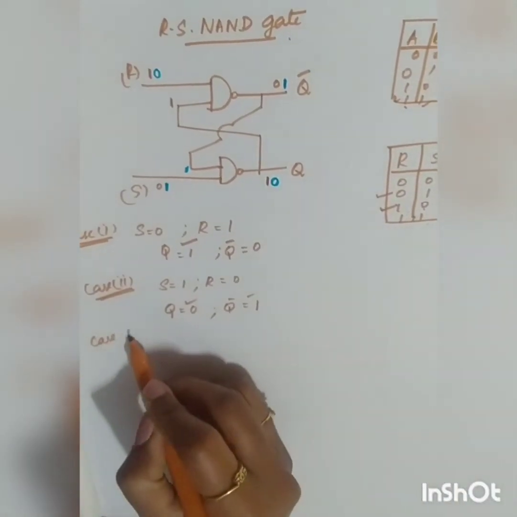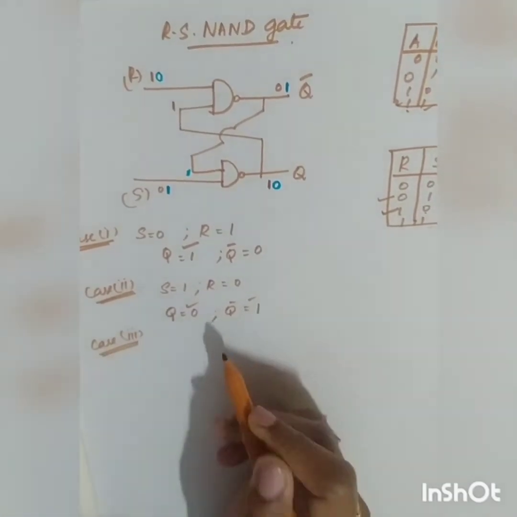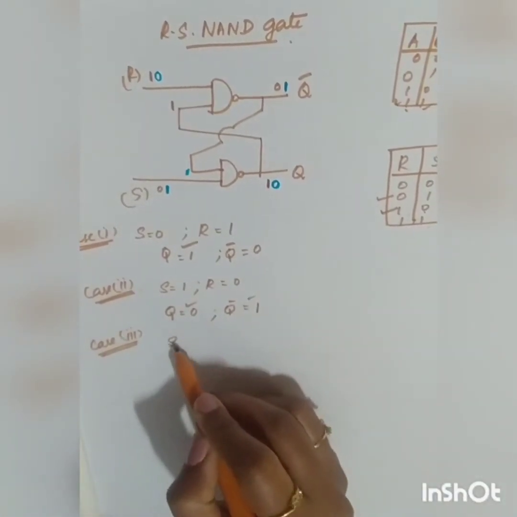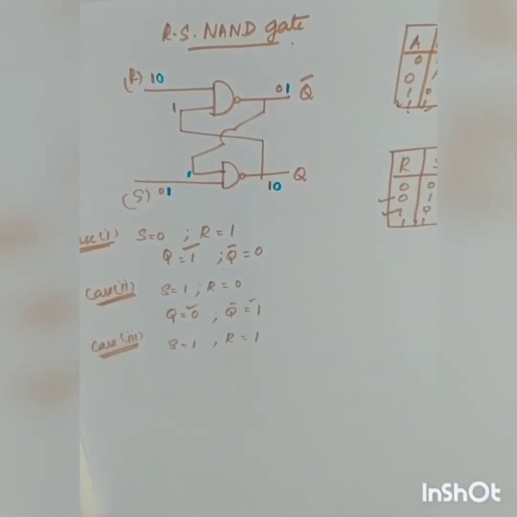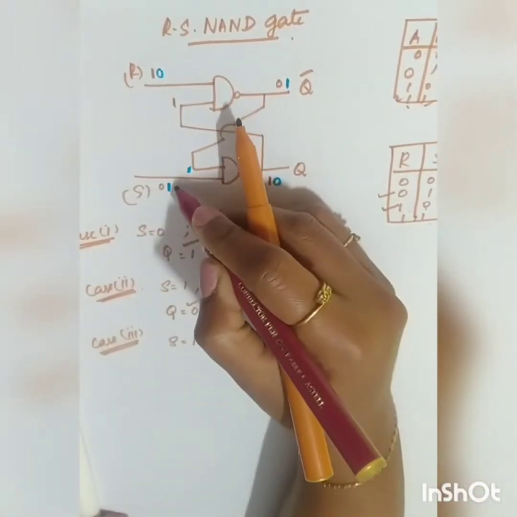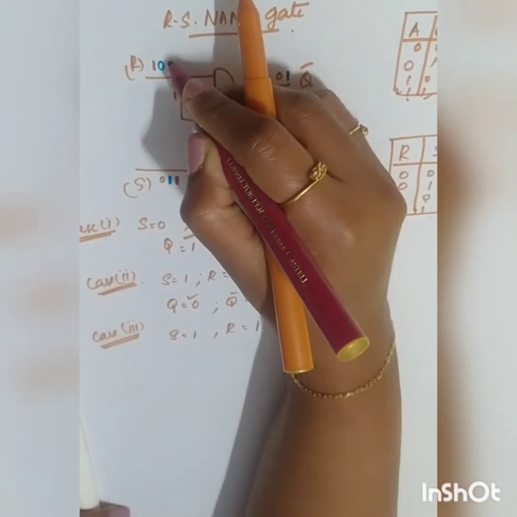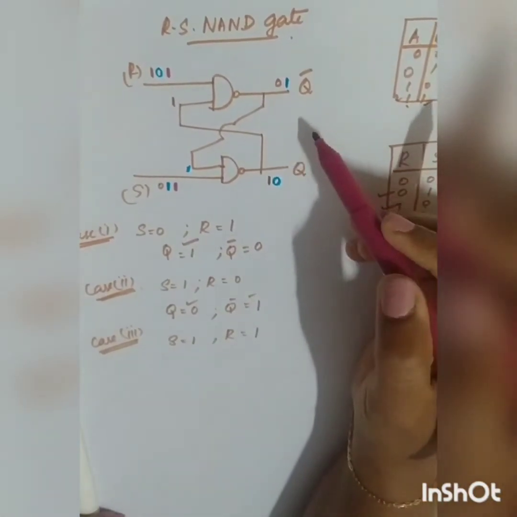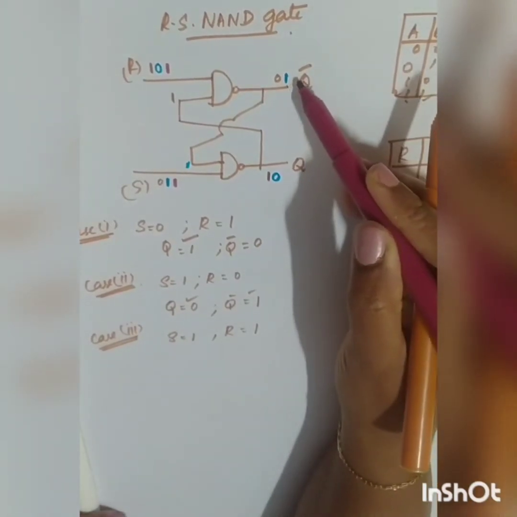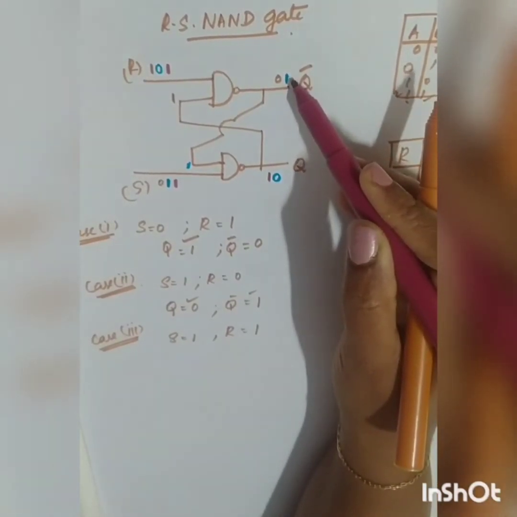Now, case 3. Let us check the unchanged condition. In this case, S is equal to 1, R is equal to 1. It is the unchanged condition, right? Since it is a sequential circuit, since it depends on the previous output, here you have Q bar equal to 1 in the previous case.